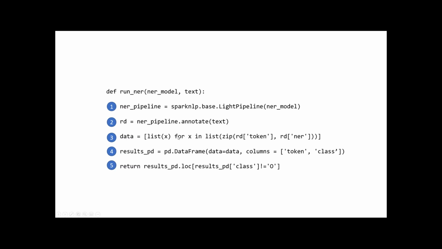Then you can see a couple of commands that will extract from that output the pairs of token and NER labels to facilitate visualization. At the end we return those pairs of token and NER label that are relevant. We are dropping those that are labeled as O, which stands for others, so no NER detected on that token.